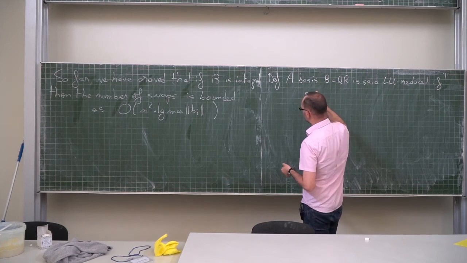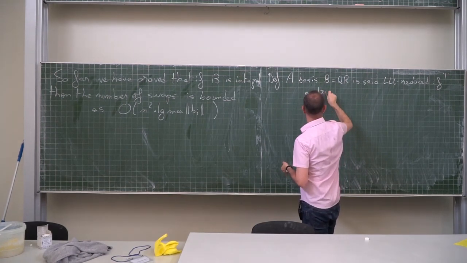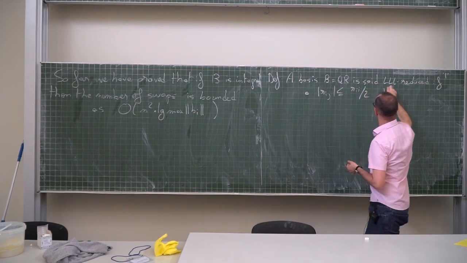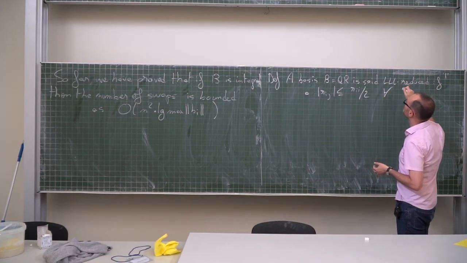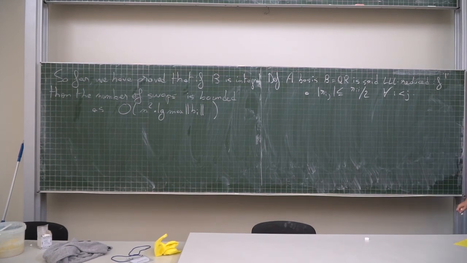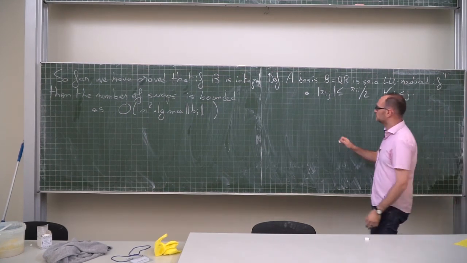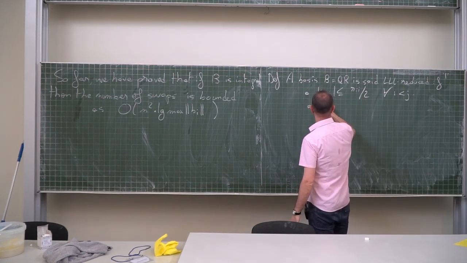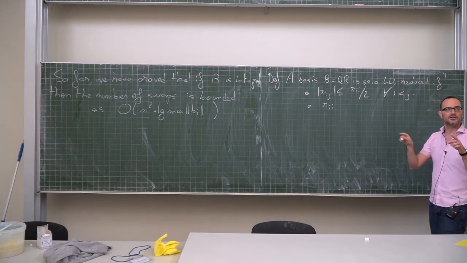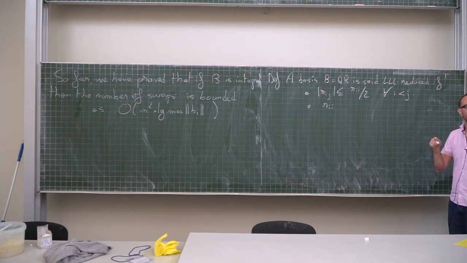So the first one is just size reduction. Rij smaller than Rii over 2 for all i smaller than j. And the second one says that Rii doesn't decrease too fast between i and i plus 1, for every i.